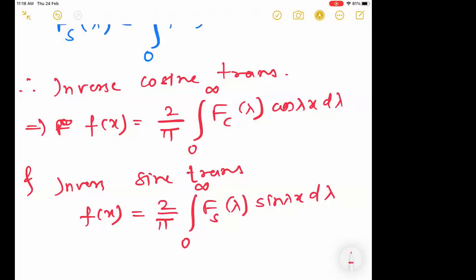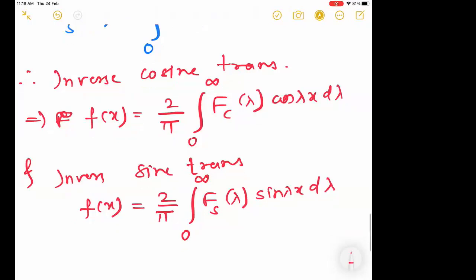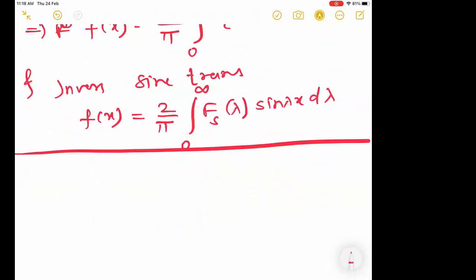Yes, so now I'll just give you the formulae based on this integration which are required. Standard formulae.